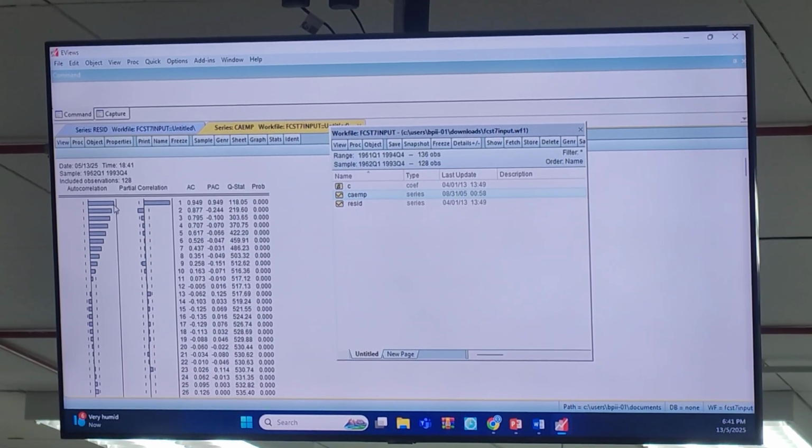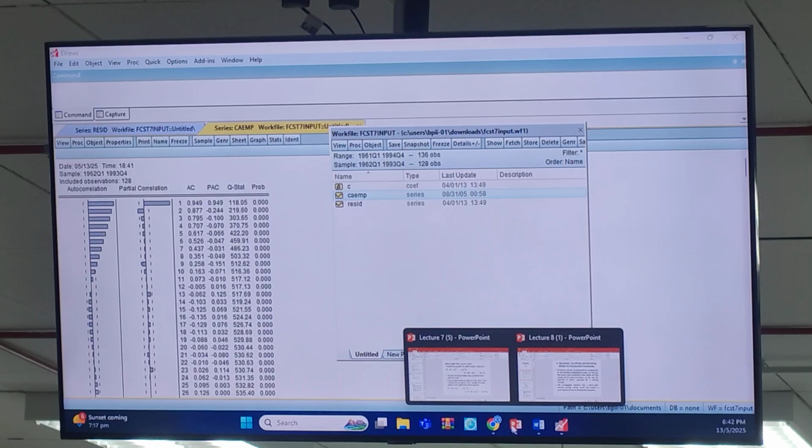If you see this one, this has what we can consider as decreasing value or exponential decay, and then this one cuts off at lags 1 and 2, to 0. So that means it is consistent with AR, not MA, because for MA, it is the one that decreases by exponential decay while this one cuts off to 0. Remember this table?